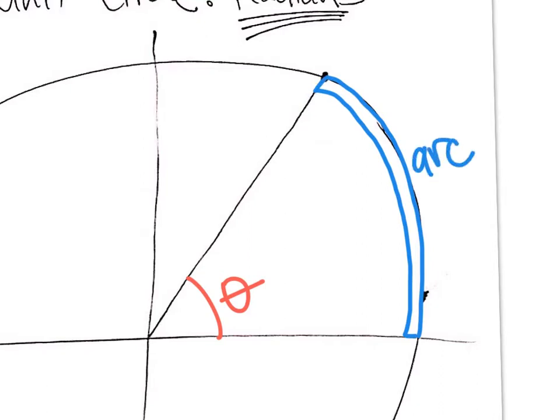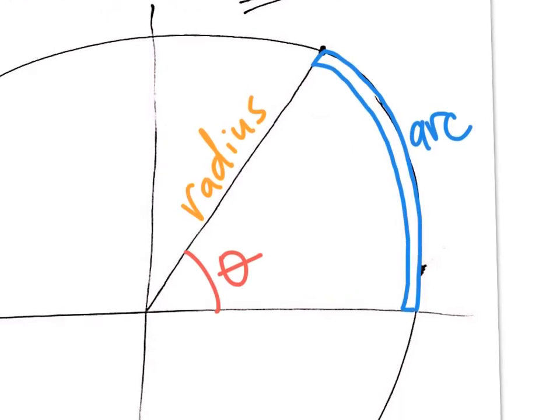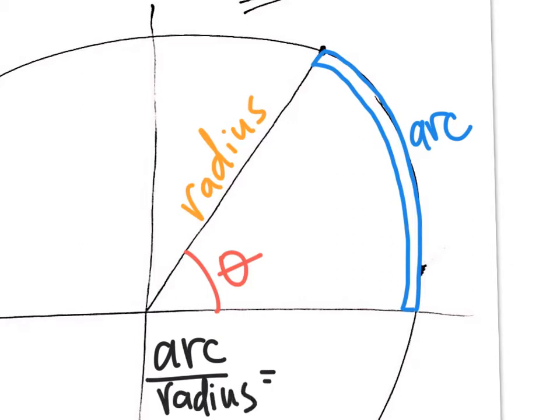So arc, and over here we have the radius, and we just take the ratio of those two. So the length of the arc over the radius, we get radians. So that's how we measure an angle in radians.